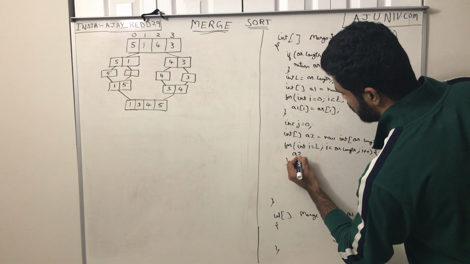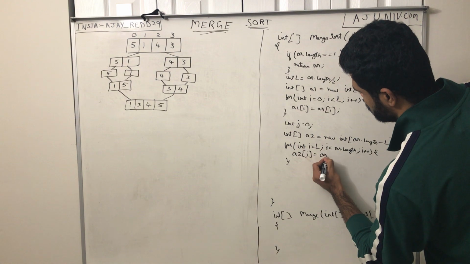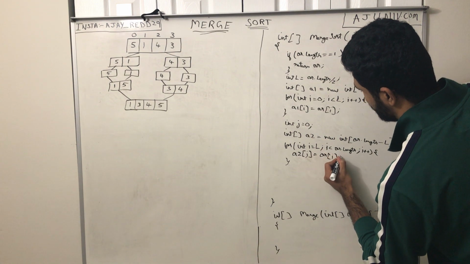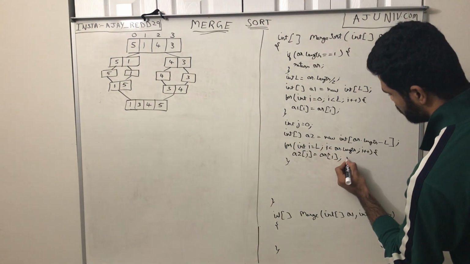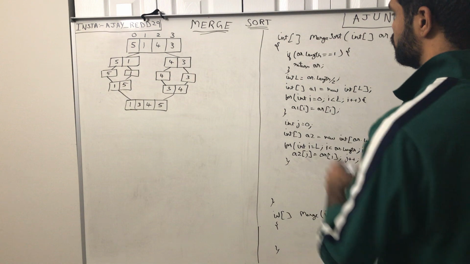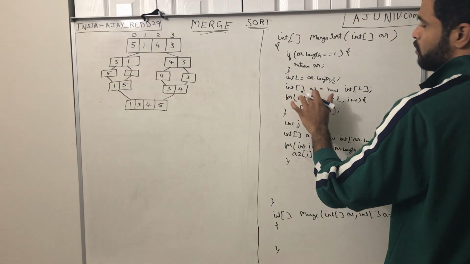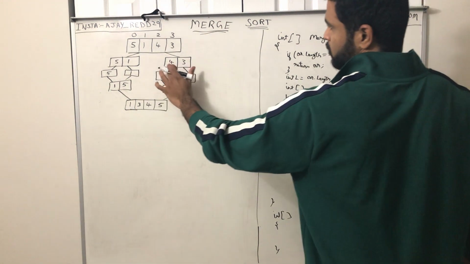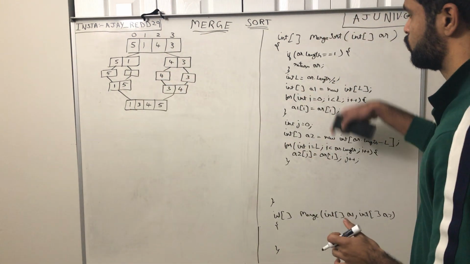Now I will start A2 with j and assign array of I value into it, and I will do j plus plus. So here I am adding these elements into array A1 and here I am adding these elements into array A2. So that's about these two for loops.